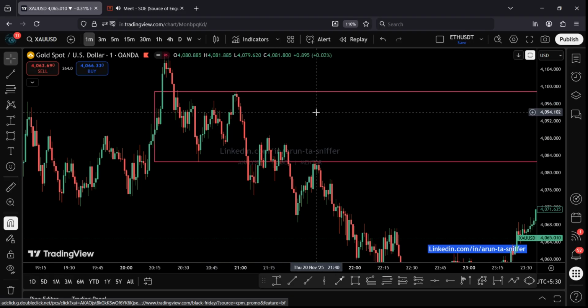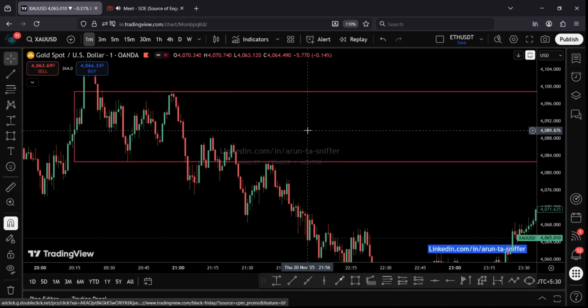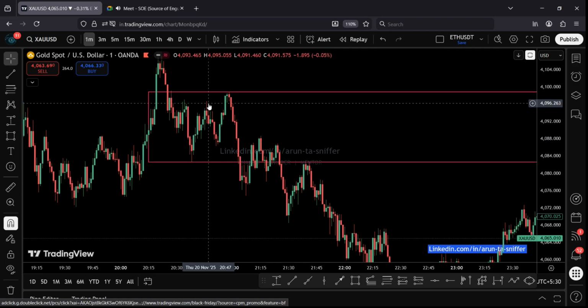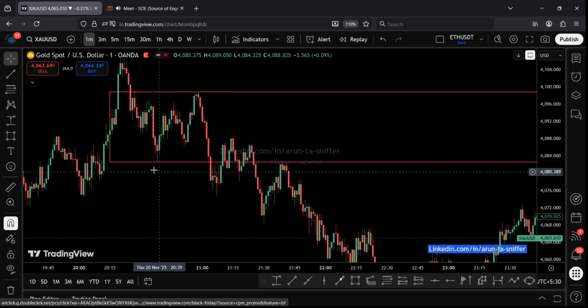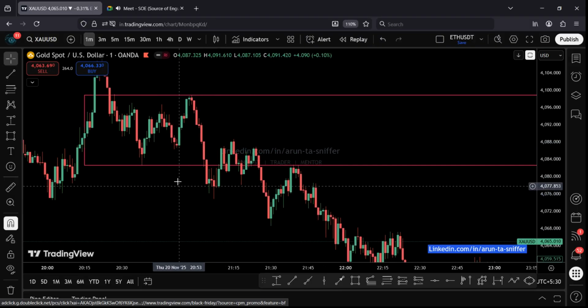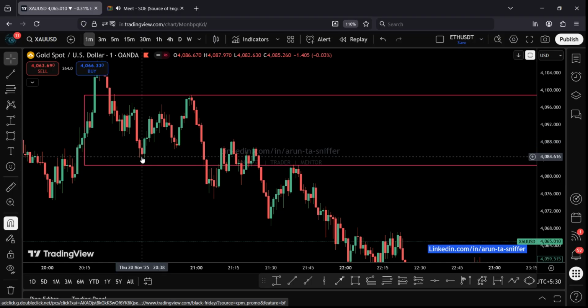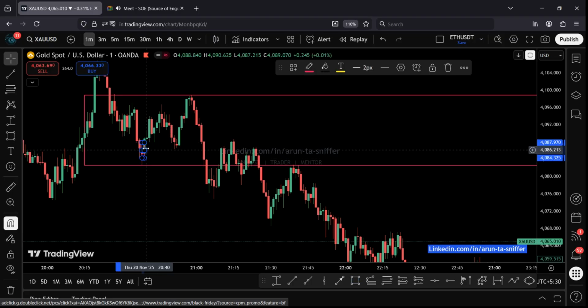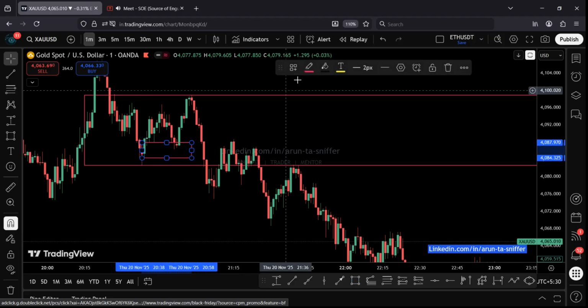So what zones can we find from here? When price goes up, price pulls back here a bit. This is our ORFL or OR, this one.